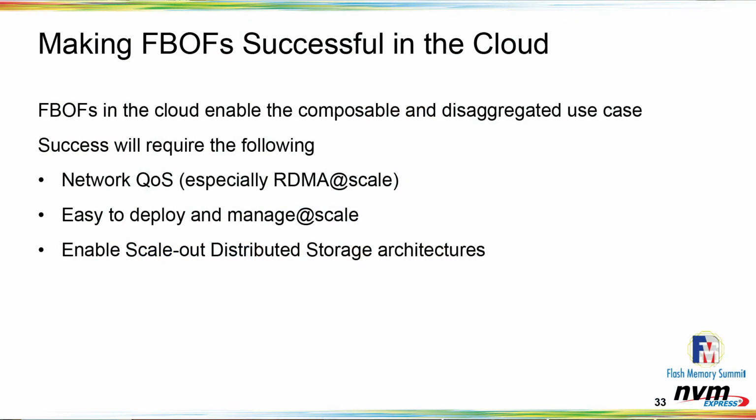And last but not least, when we talk about the cloud, and Brian referred to this as well, there are obviously large-scale compute nodes that directly need NVMe services. But there's also cloud storage, which is typically shared-nothing distributed scale-out storage. And it's not designed or architected to be friendly to disaggregation, not today. We need to look at how to make that friendly to FBOFs.